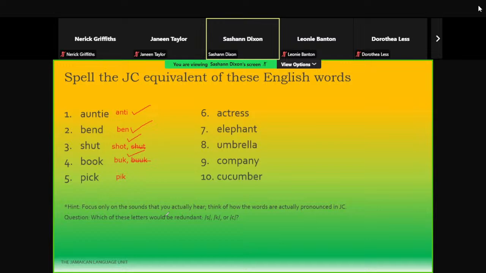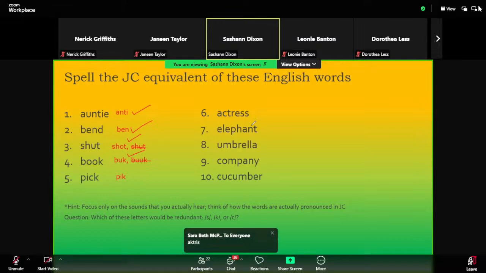So with that, I'll jump to number 6. We're only going to look at number 6. Actress. That's what you're looking for. So I want everyone to attempt number 6. Actress.